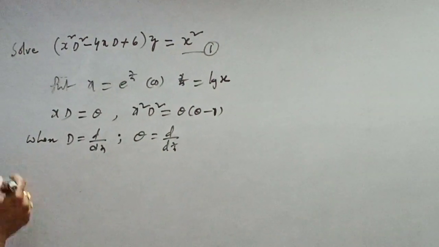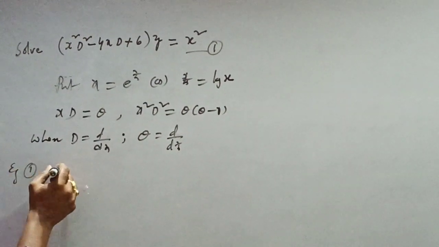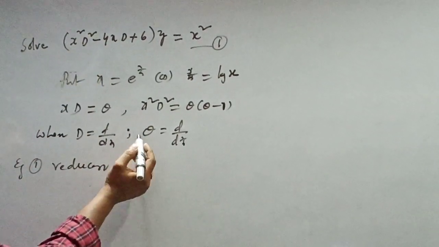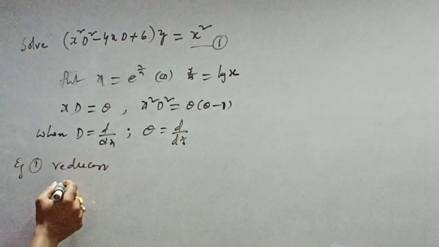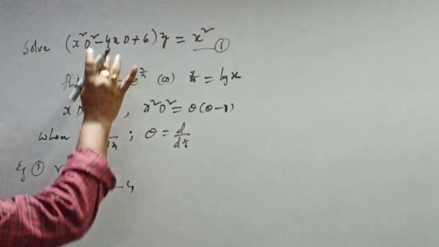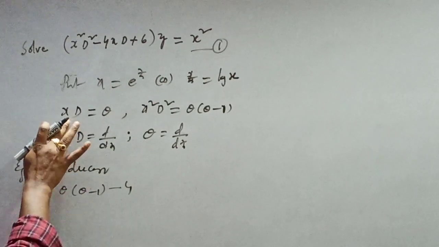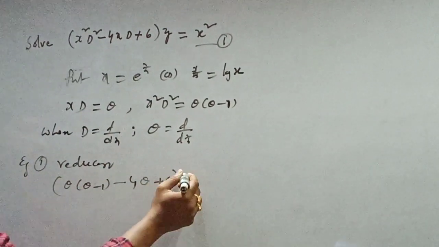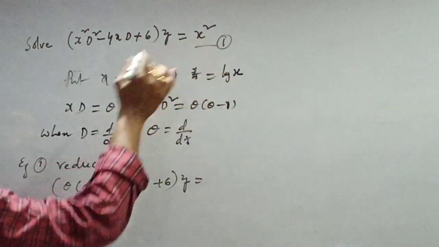Equation 1 reduces to: x square D square is replaced by theta into theta minus 1, minus 4 into xD, xD is replaced by theta, plus 6 of y equal to x square.